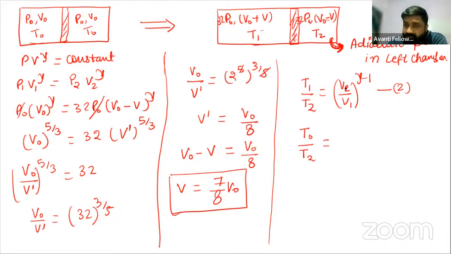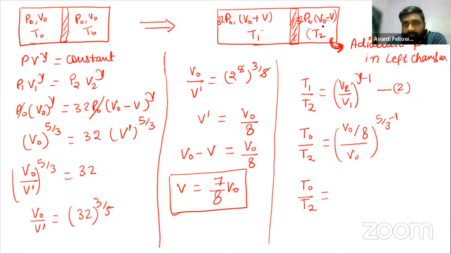Now, V2 is the final volume, not the expansion or compression. So the final volume is V naught minus V, which is V naught by 8. So it is V naught by 8 divided by V naught raised to the power gamma minus 1, which is 5 by 3 minus 1, so it will become 2 by 3. So T naught by T2, and we are applying this on the right chamber, so that is why we are considering the final temperature as T2. Got it?